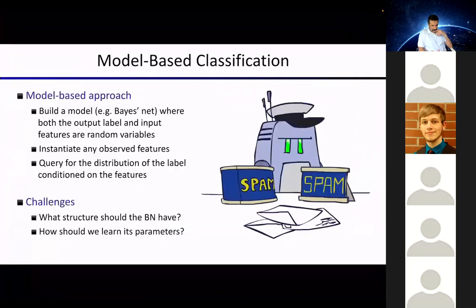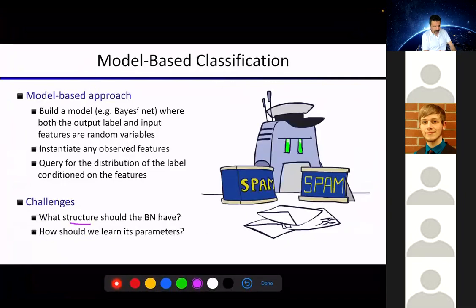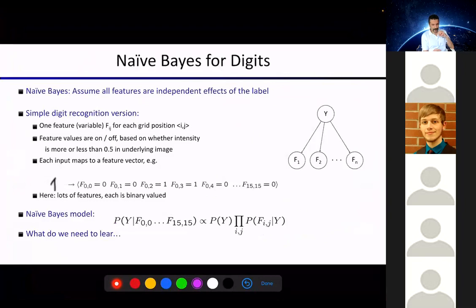Yeah, thanks. So this is about the model-based approach, right? We want to learn the structure and the parameters of the model, and this is pretty much what we need to know for Naive Bayes, which is a specific type of model-based classifier.